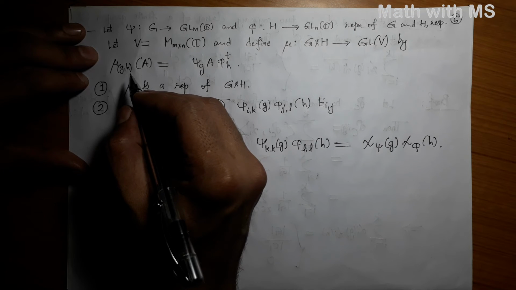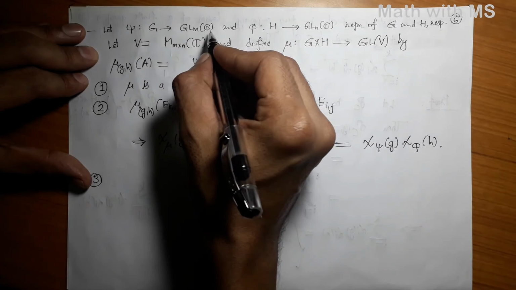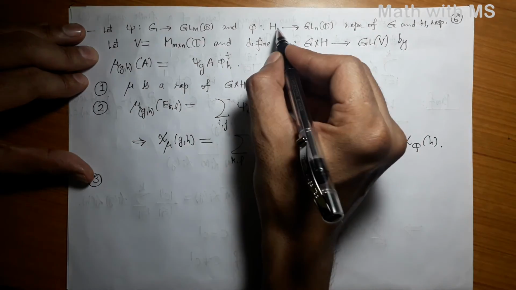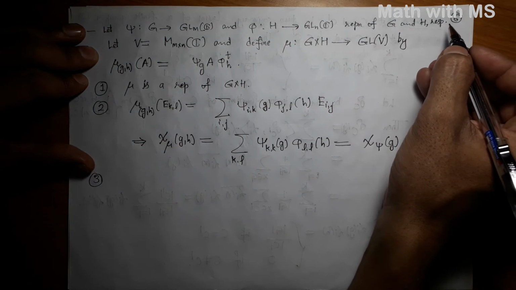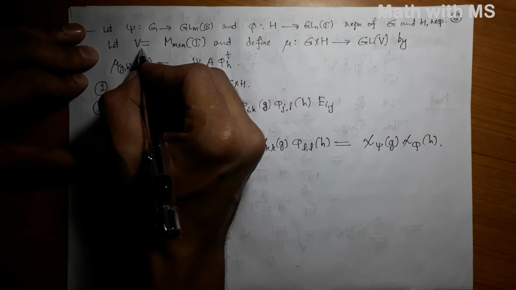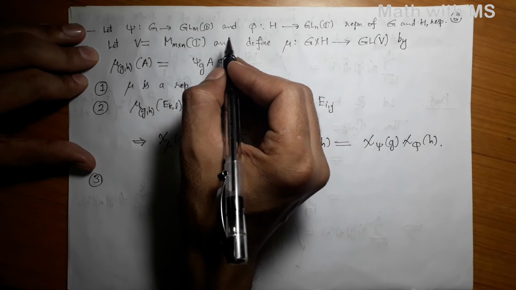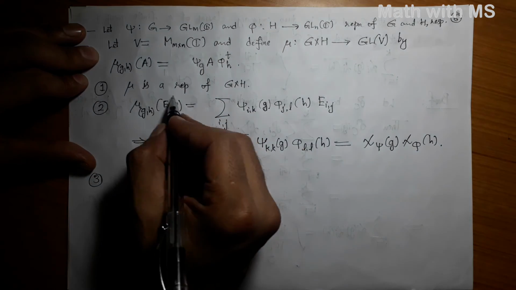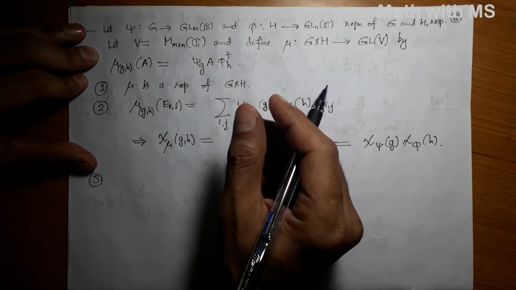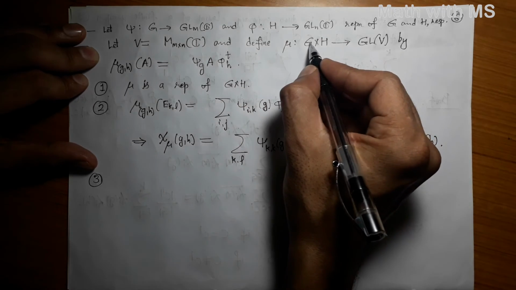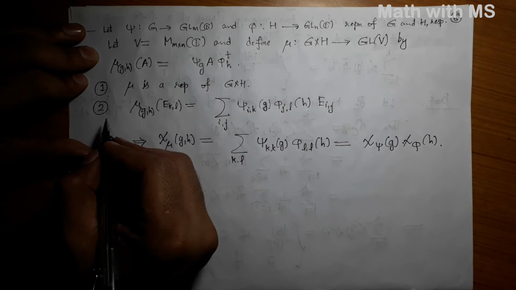Let us generalize the preceding example to a product of groups. So let psi from G to GL_m(C) and phi from H to GL_n(C) be representations of G and H respectively. Let us take V to be the vector space of all m by n matrices over C with the standard basis consisting of matrices EKL, which has 1 at the KL position and 0 everywhere else, and define this map mu from G cross H to GL(V) by the following rule.